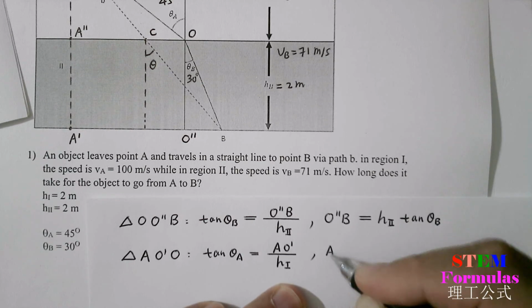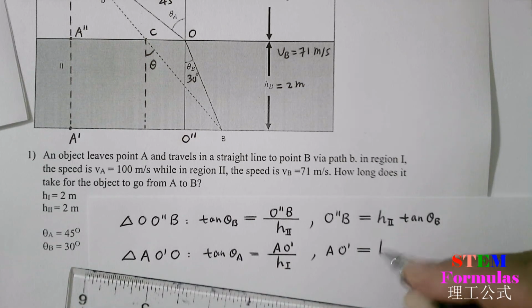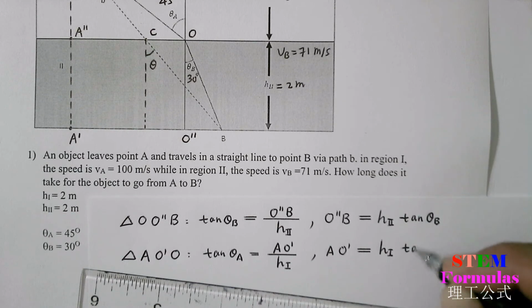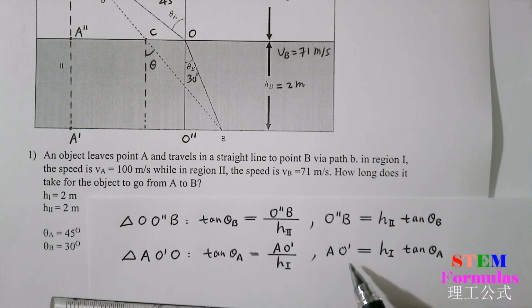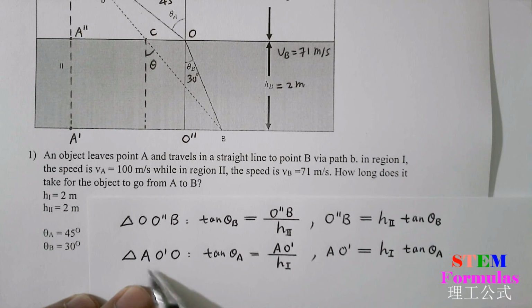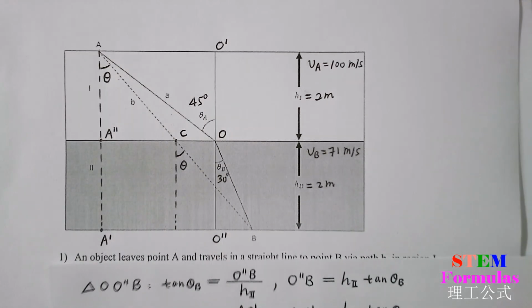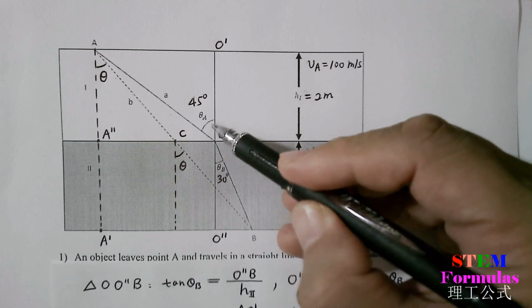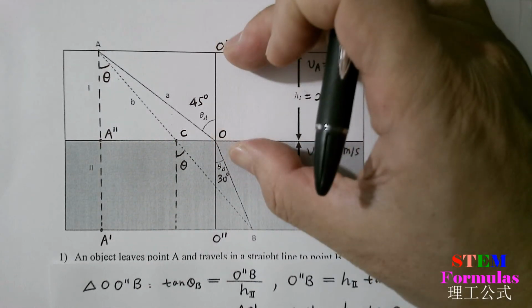Therefore, A O prime equal H1 times tangent theta A. So this is triangle A O prime O. So tangent theta A equal A O prime divided by this H1.